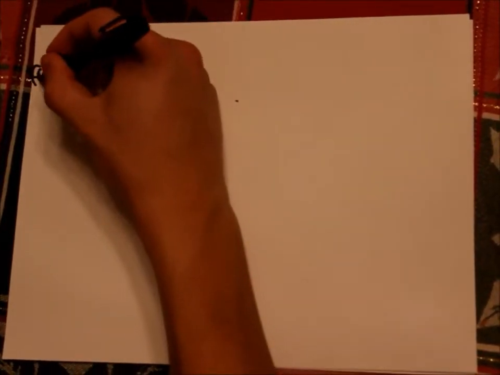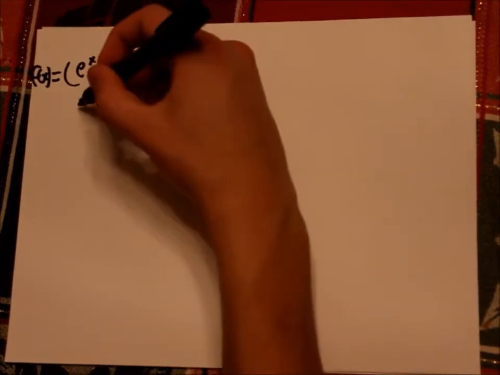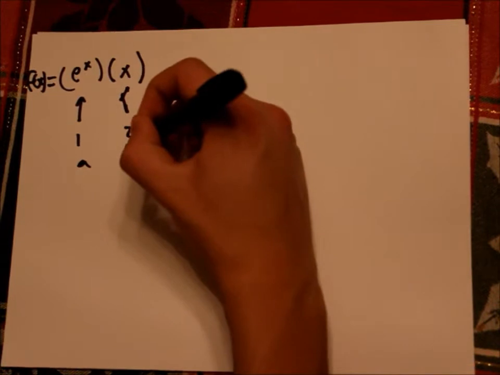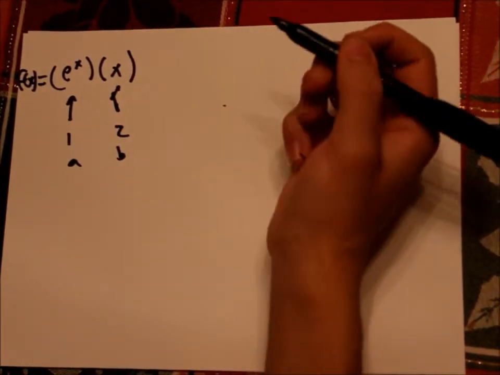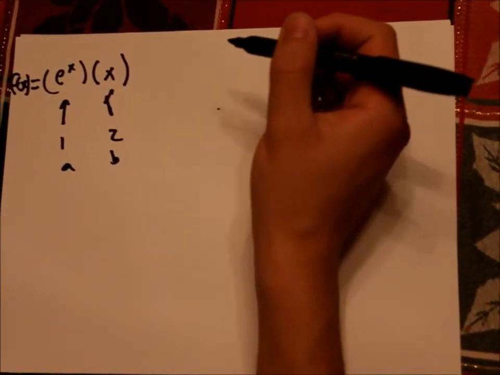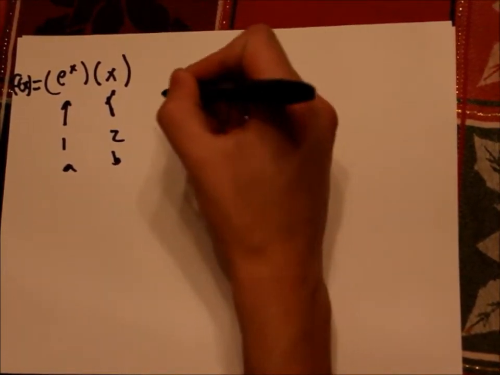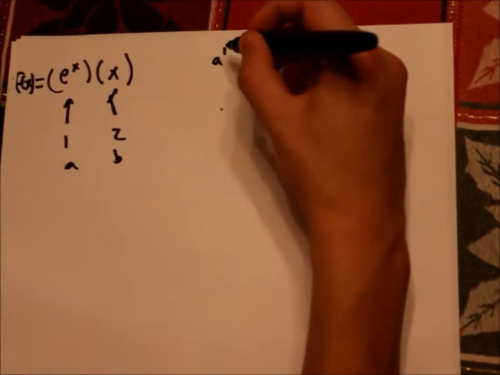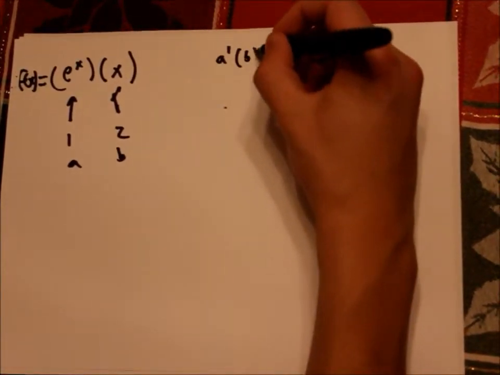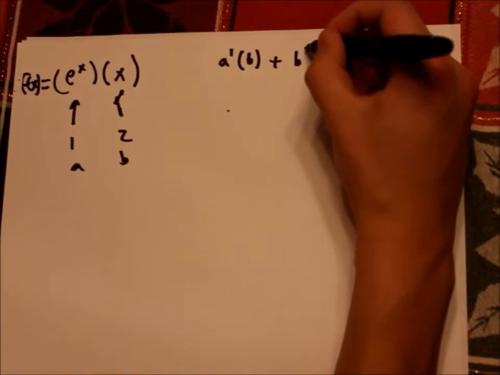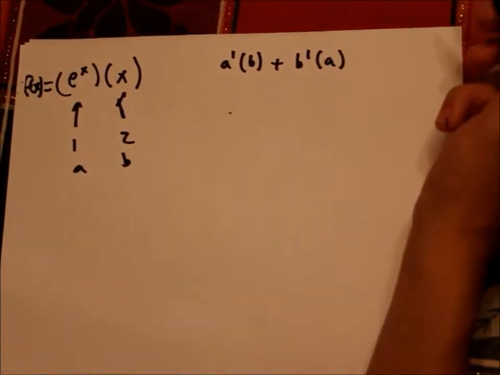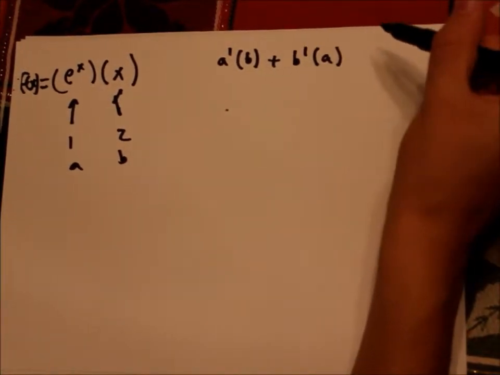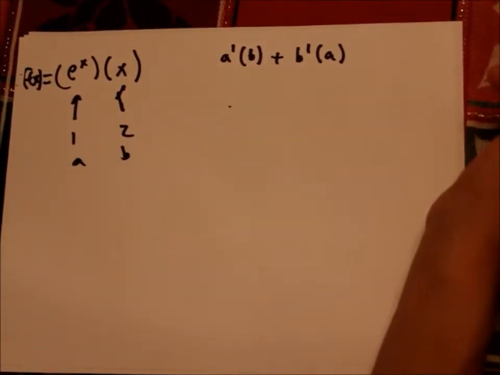We can label these 1 or 2, a, b, it doesn't matter, however you like to remember it. To find the derivative, we have a prime times b plus b prime times a, or 1 prime times 2 plus 2 prime times 1. It's the same thing.